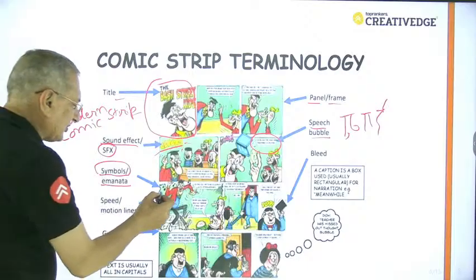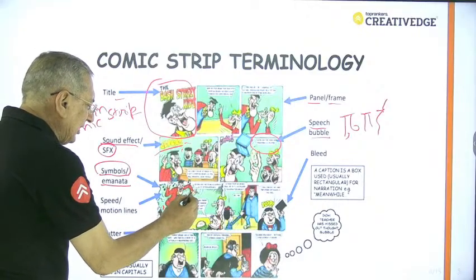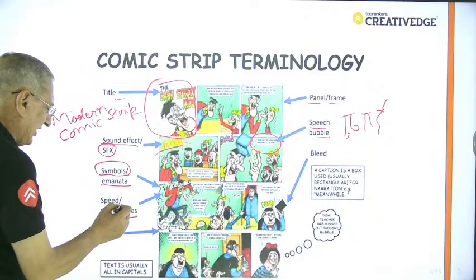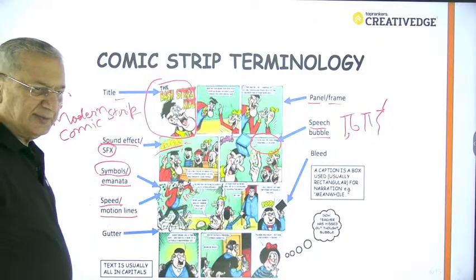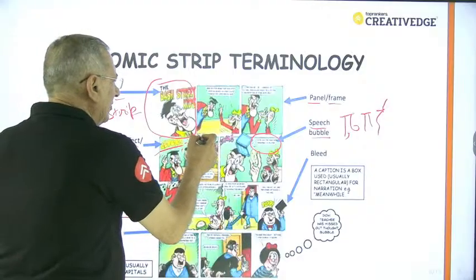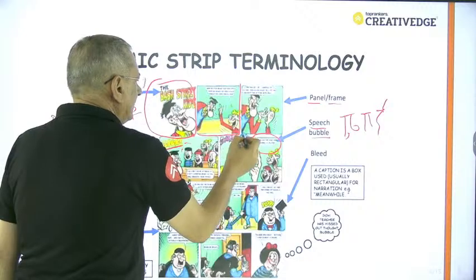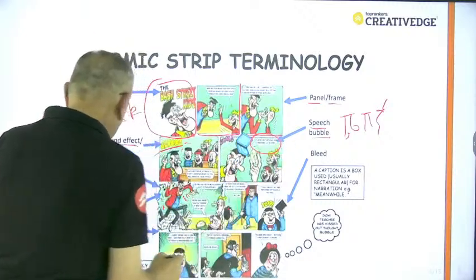Not only this, to make it more effective, there are motion lines or speed lines. The space between the frames or the panels is called the gutter.